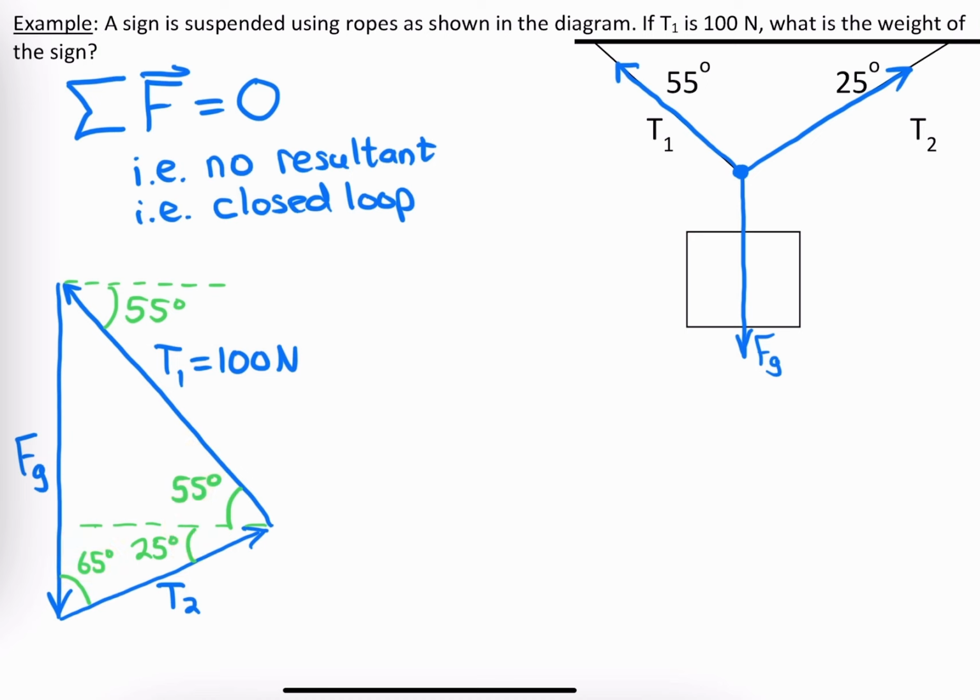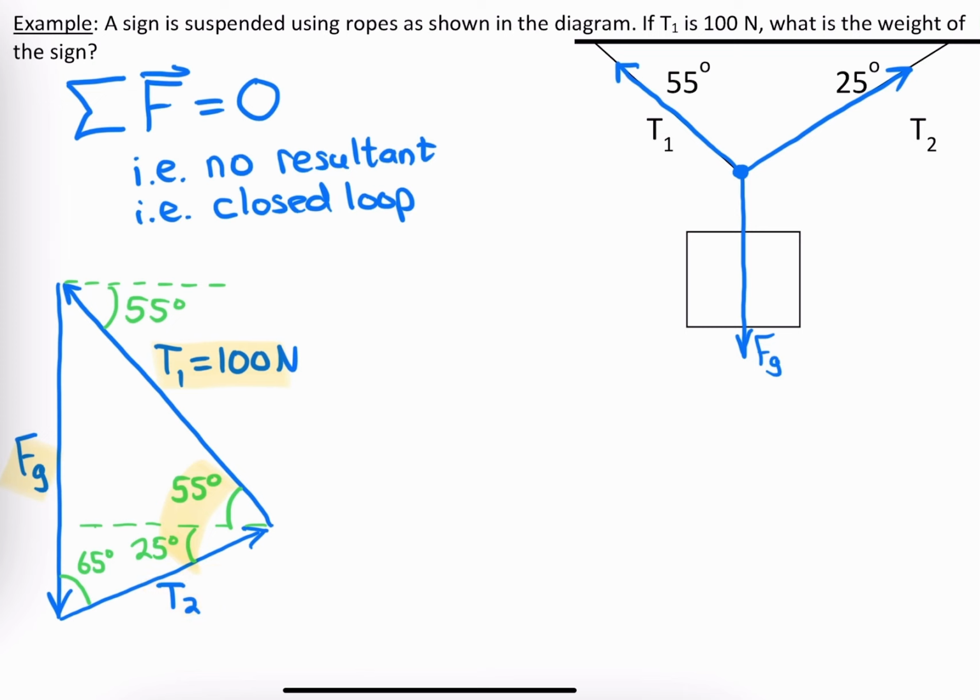So what tools do I have at my disposal to do this? Well, it's not a right angled triangle, so I can't use Pythagoras, I can't use SOHCAHTOA. Cosine law is usually really nice for finding a side, especially if we know the opposite angle, which we do. But cosine law sort of requires that we know both of the other sides, and we don't know that.